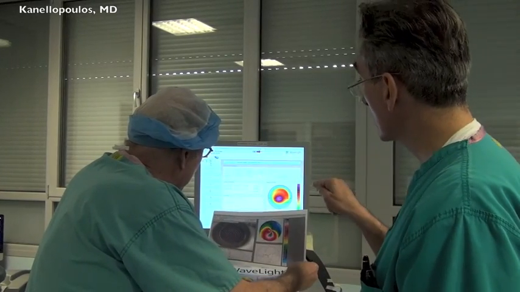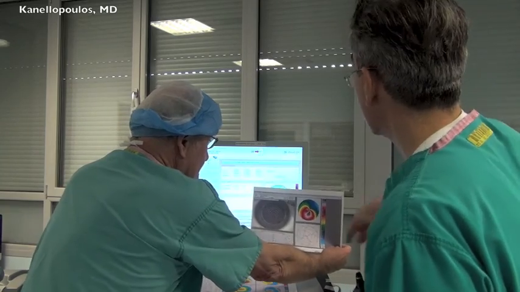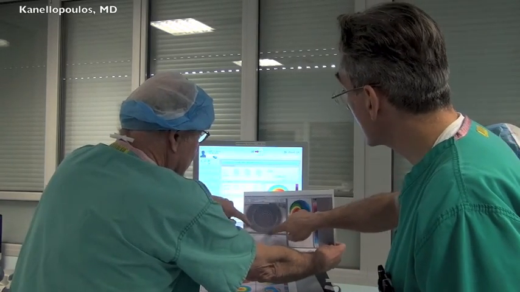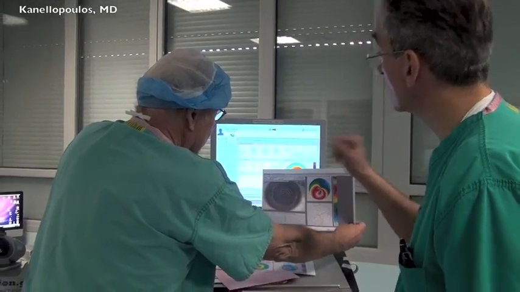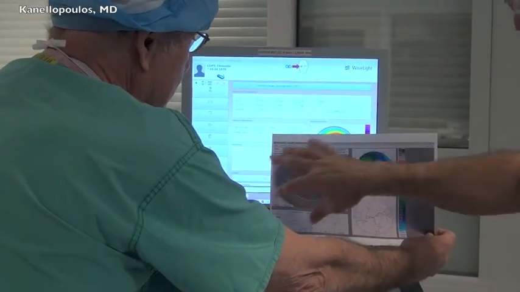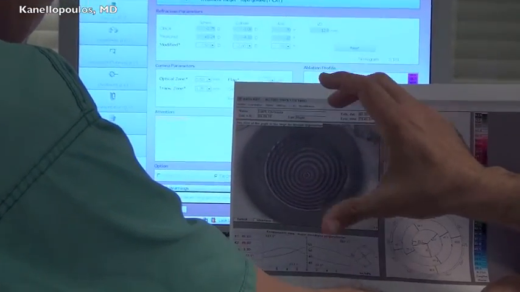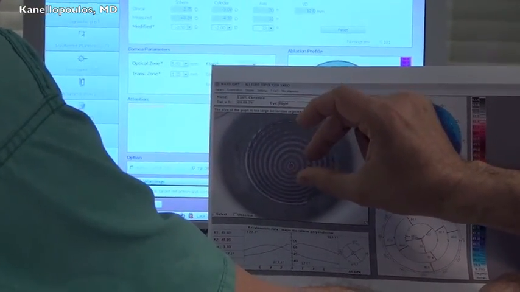Because you have iris registration. Exactly. And all the limbal, the placido images, iris and limbal architecture. And also the device has stored within it, although we're seeing a dilated image here, a dilated and myotic pupil.